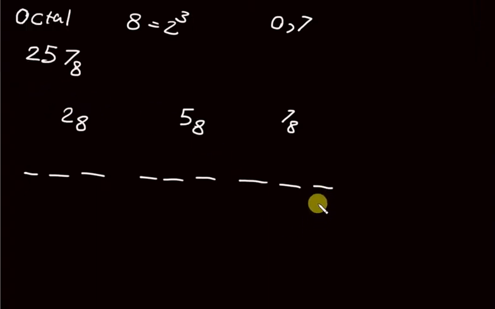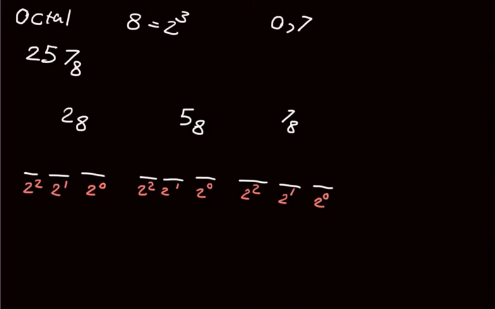This is going to be 2 to the power of 0, 2 to the power of 1, 2 to the power of 2. This is for number 7. Again, 2 to the power of 0, 1, 2, and again for the last one.